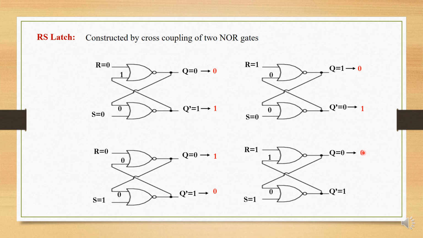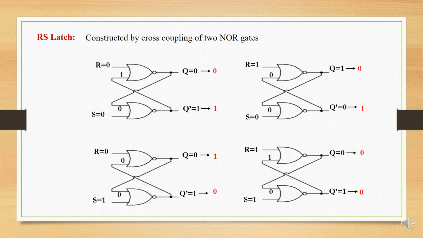The 0 is given back to the input of the second NOR gate. 0 or 1 is 1, complementary is 0. Now here we can observe that both the outputs are 0, that is the normal output as well as the complementary output both are 0, which is not at all possible because the outputs are not complementary to each other. So this condition is invalid and we call this a forbidden state.